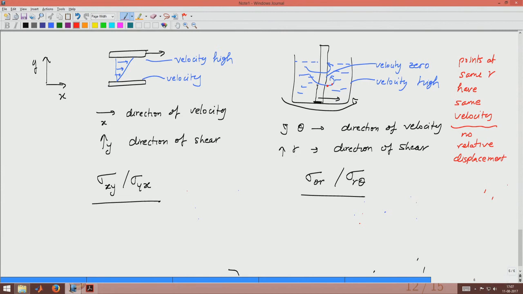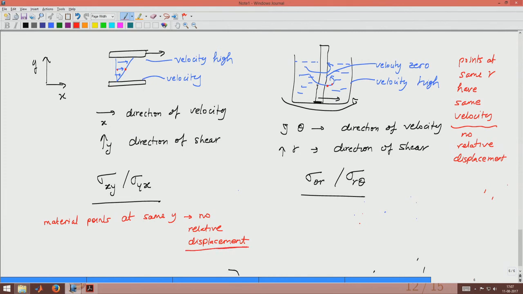Similarly, here also if I take 2 points which are at the same y, there is no relative displacement. Material points at same y, no relative displacement. So, you can see here we are trying to describe the kinematics of the material motion, and we are using several variables.